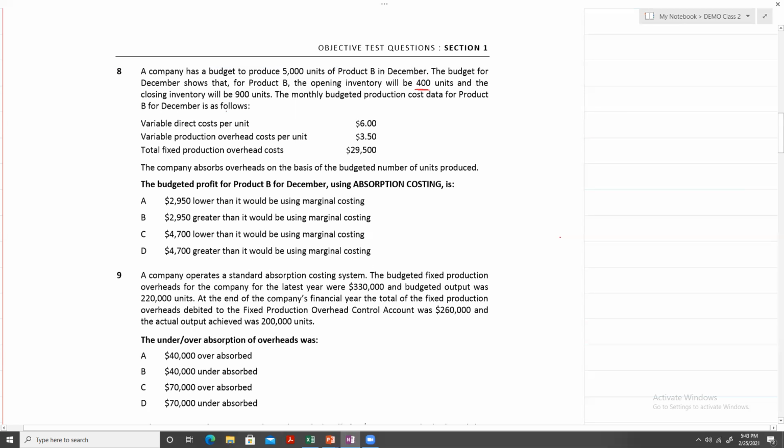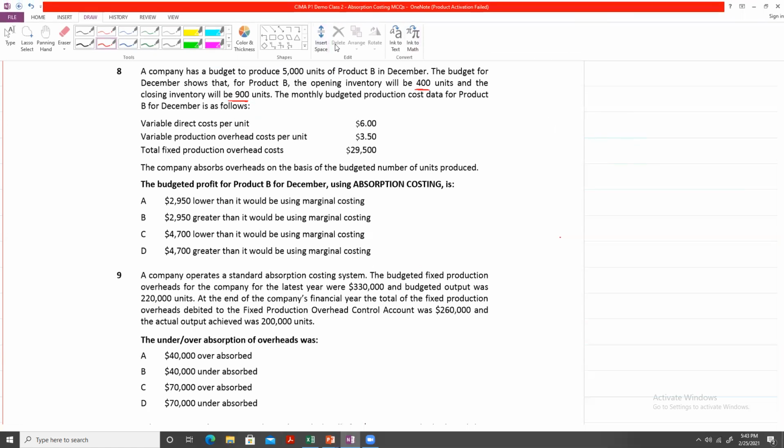Here the inventory level is increasing by 500 units. When the inventory level increases, absorption costing gives a higher profit.